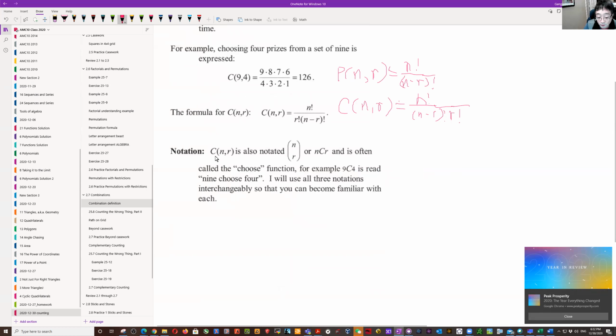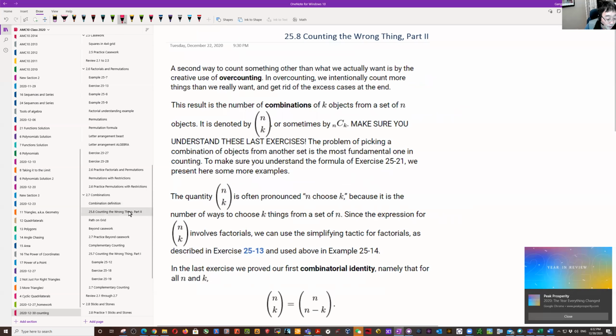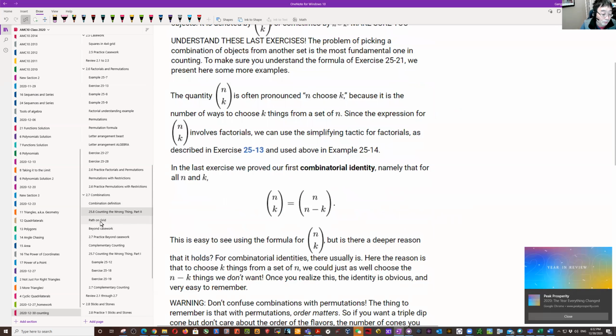We call it n choose r. We handle the overcounting by dividing by the number of duplications, and we get the combination.